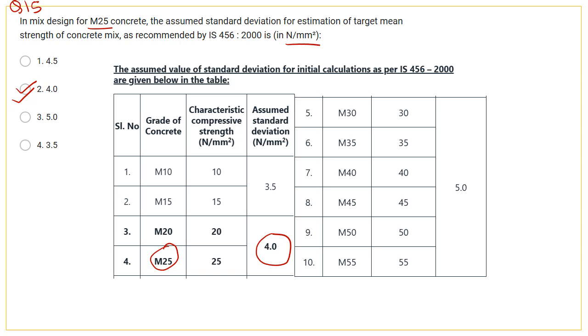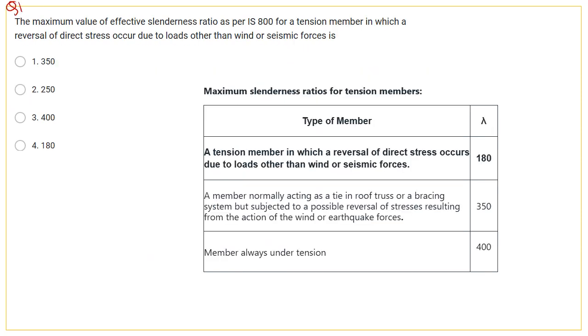The next question is question number 16. The maximum value of effective slenderness ratio as per IS 800 for a tension member in which the reversal of direct stresses occurs due to loads other than wind and seismic load. So here in this chart, for the tension member in which the reversal of direct stresses is due to loads other than wind and seismic, the slenderness ratio is 180.